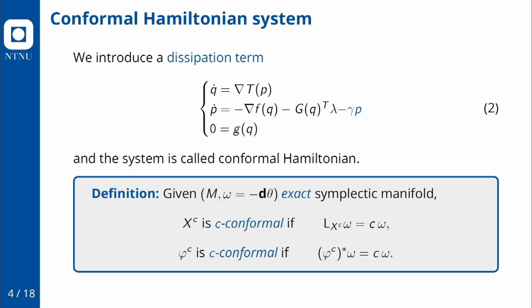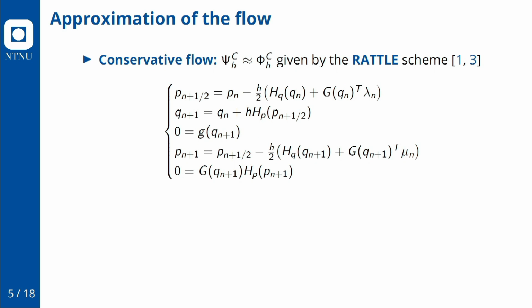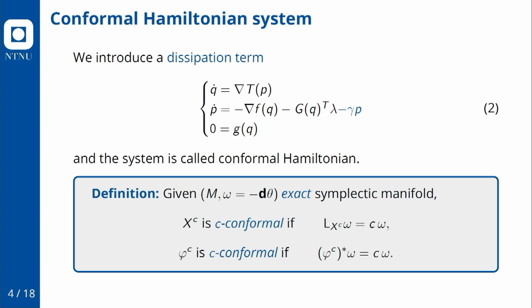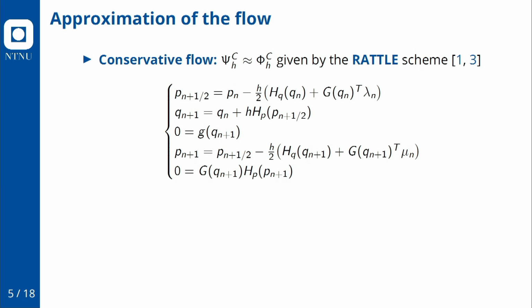Now we want to find a solution of this system, and we produce an approximation of it. To do so, we split the system in two parts. Basically, we go back to the conservative part, and then we consider the dissipative part separately, so that their sum is the total system.